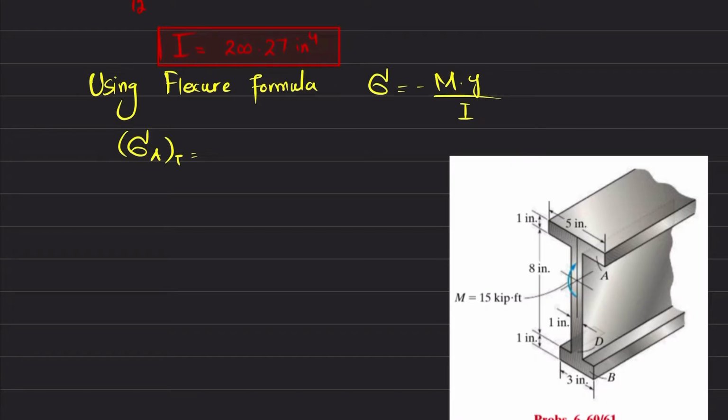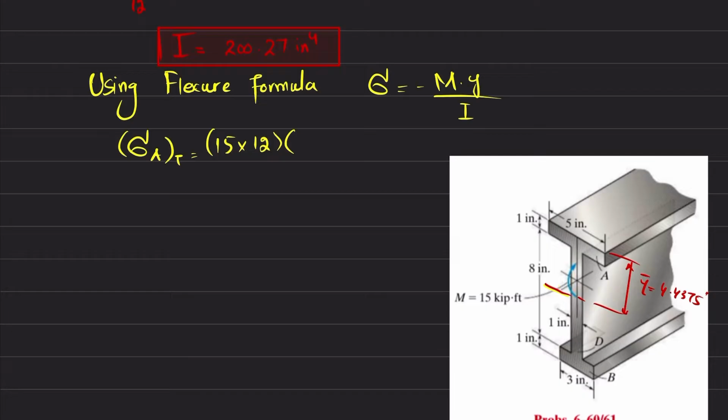We have discussed that y dash was 4.4375 inch. So for the top, the moment is already given, that is 15 kips into feet. So 15 multiplied by 12, we will convert it into kips into inch. And what is y?